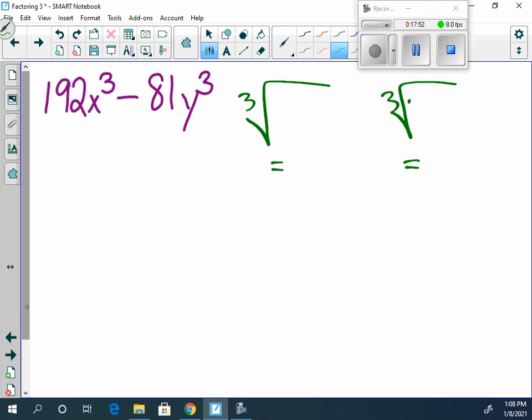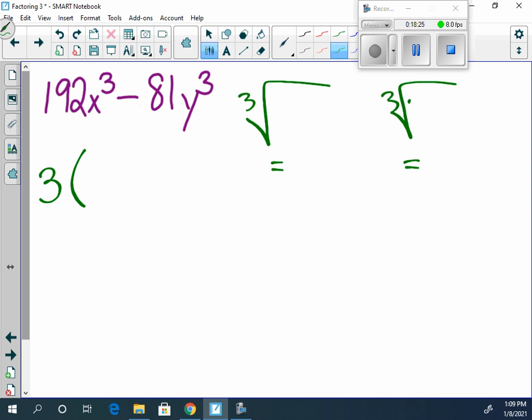Because to find out what's divisible by 192 for 3 and 9, I can add the digits together. 1 plus 9 is 10, plus 2 would give me a total of 12. So if 12 is divisible by 9, well, it doesn't. 12 does not divide by 9 evenly, but it does divide by 3. Yes, 12 divided by 3 works, whole number. So what that means is 192 is divisible by 3.